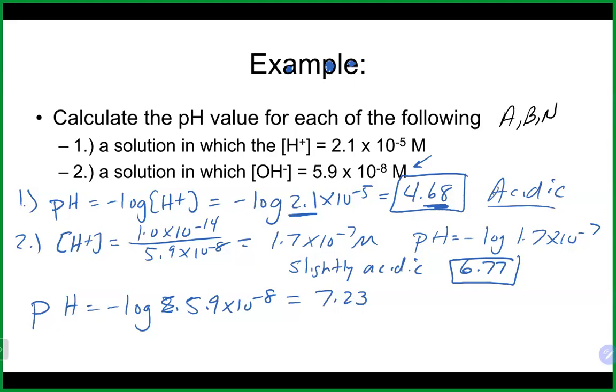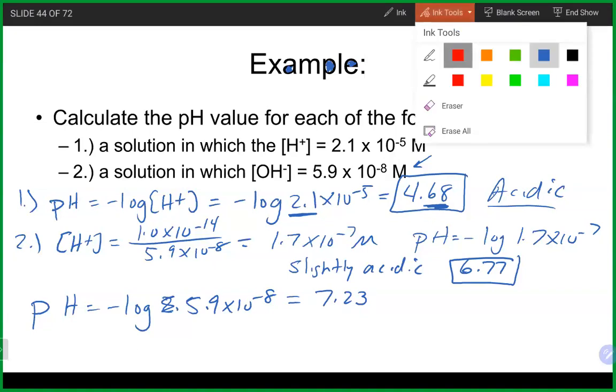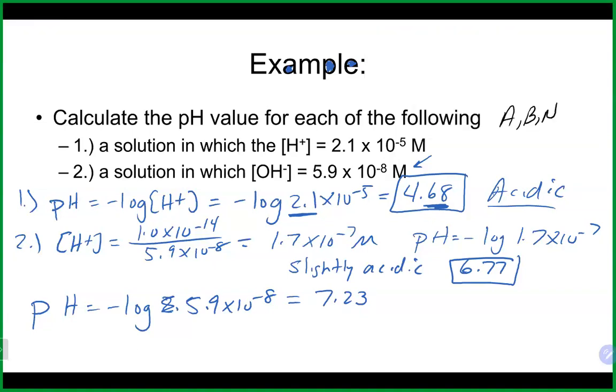All is not necessarily lost, other than the fact that that is not the pH, because this is the OH minus concentration. All you did was sort of jump ahead a few slides. If you use the OH minus concentration, you calculate what is known as the pOH, not the pH, which is a different scale. It actually runs opposite to the pH scale.